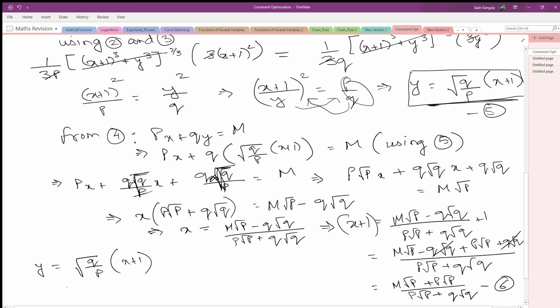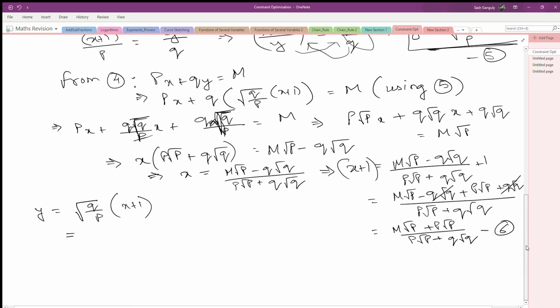Right? So I just have to multiply root q by root p to my equation 6. What would that give me? So let's say, if I take root p common from equation 6, I'll then have m plus p upon p root p plus q root q.